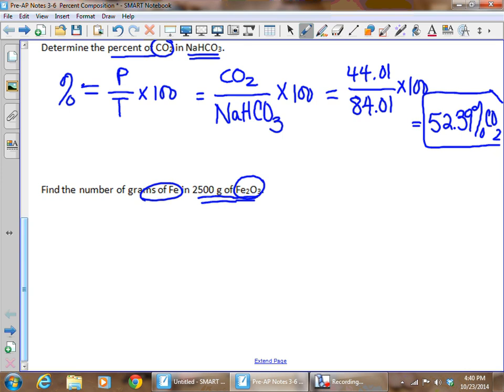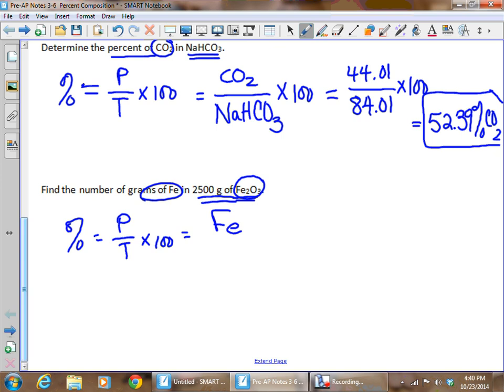The first thing we need to know is what the percent of iron is in this compound. So we're going to go back up to our percent as partial over total times 100. And we want the percent of iron. Now be careful, because iron in this compound is not just Fe. Iron in this compound is what?